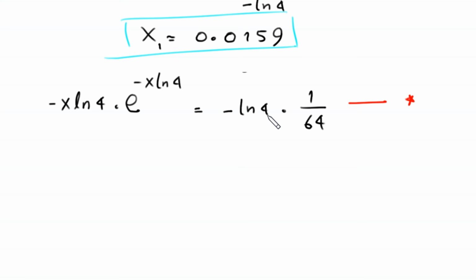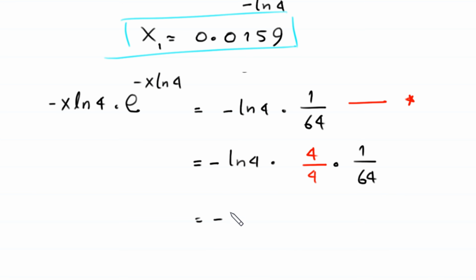So we can rewrite this expression as negative ln of 4 times, we multiply and divide this expression by 4. So this will become 4 divided by 4 times 1 over 64.